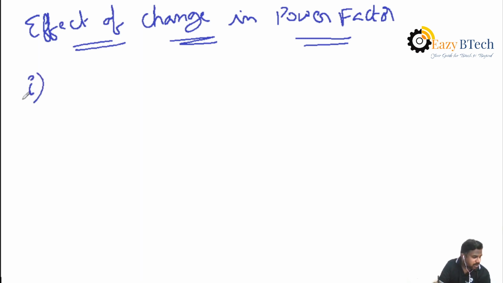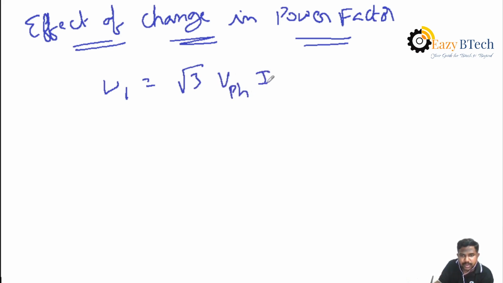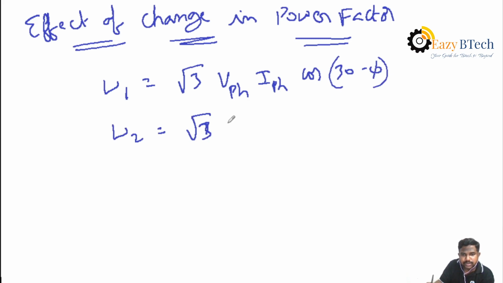For example, consider, first of all, that we know the readings: W1 is nothing but root 3 into VPH IPH cos of (30 minus phi). W2 equals root 3 VPH IPH cos of (30 plus phi).